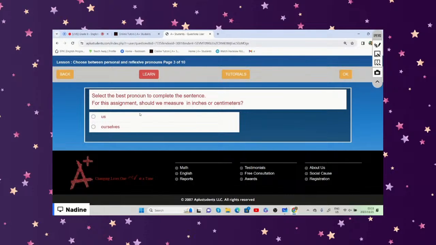We need to find the best pronoun. So it says, for this assignment, should we measure us or should we measure ourselves in inches or centimeters?